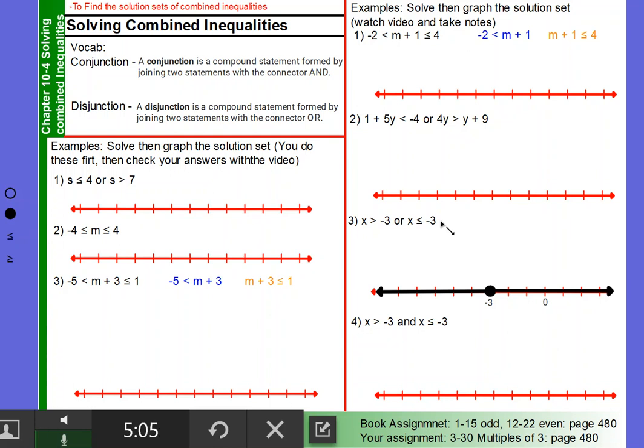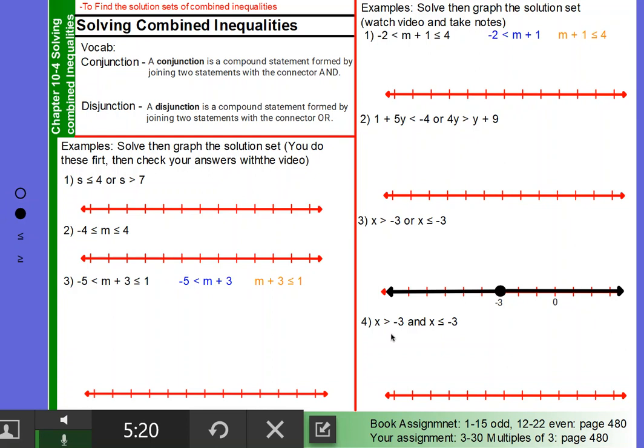Now, obviously, all numbers will meet these two conditions. Let's take a look at this conjunction because we have the word and. So both of these conditions must be met. So first, let's look at x has to be less than negative 3. We're going to use our open dot.